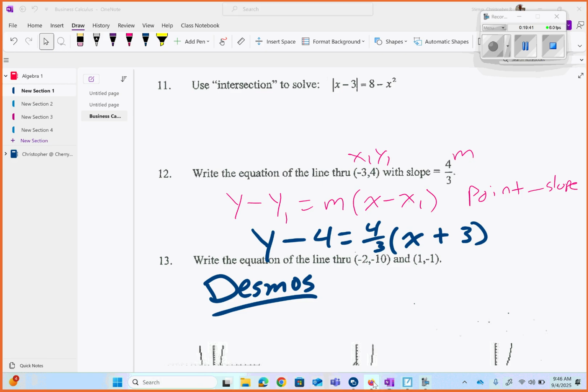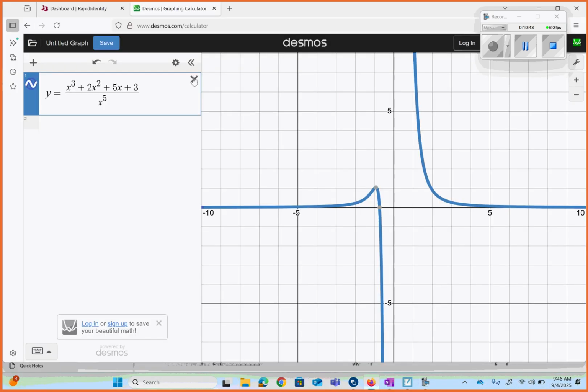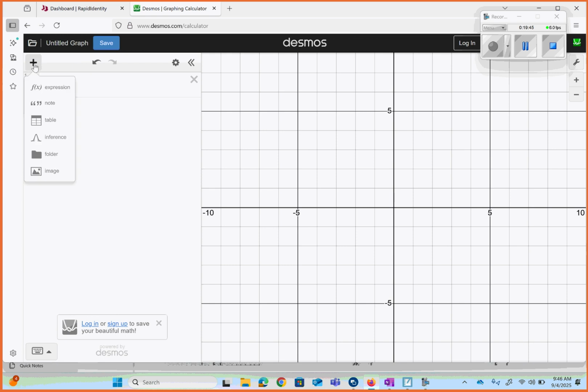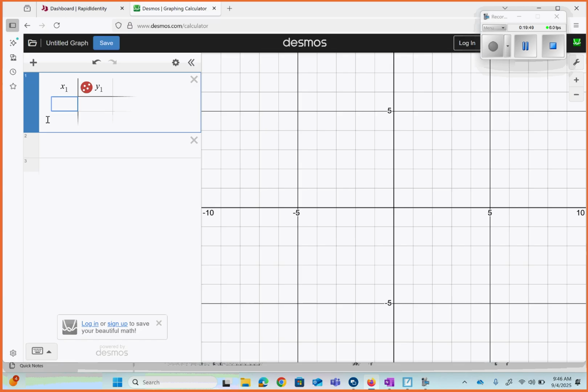And if you use Desmos for this, basically what you do is you hit the plus on Desmos, you go down to the table, and you put your points in. So they gave us -2 comma 10 and -10.